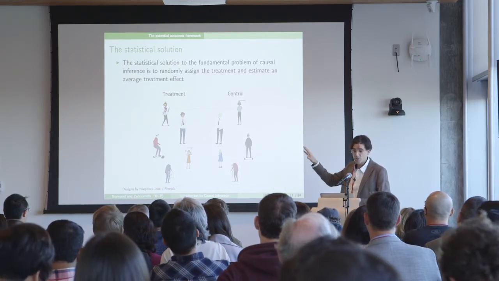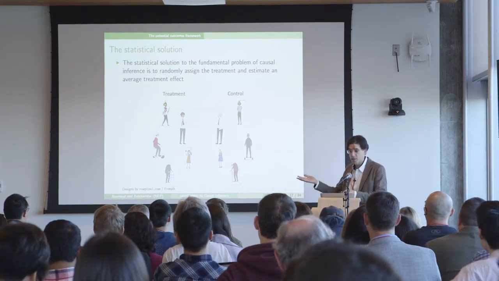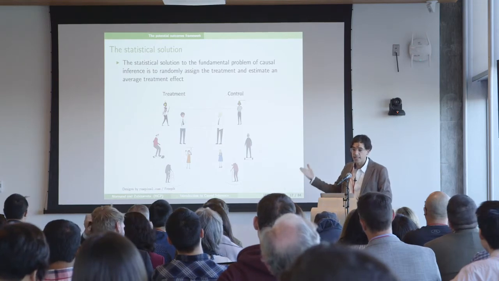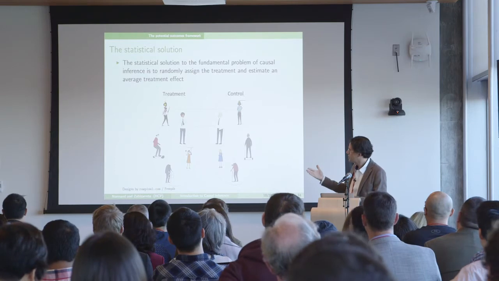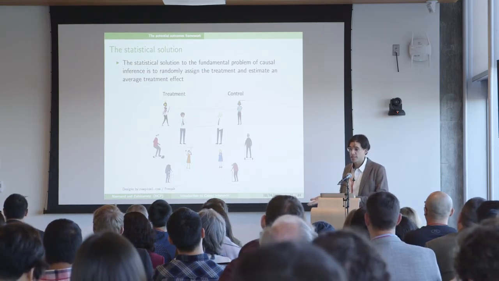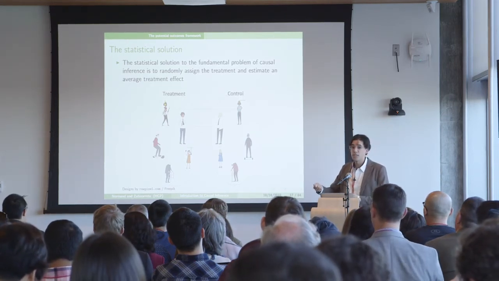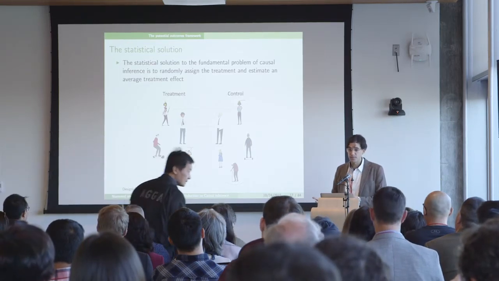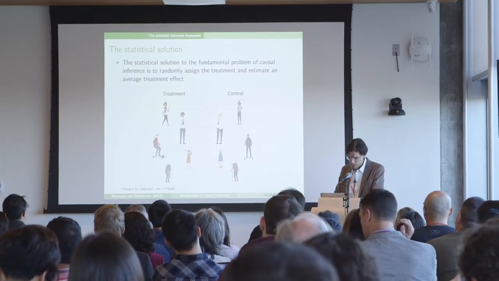I'm choosing this structure to prepare the ground for talking about matching afterwards, but it's also a good idea to randomize within blocks to ensure better balance at the end of the day. So randomization makes these two groups similar in expectation in terms of things that we can see and things that we cannot see. Hence, differences in the outcomes at the end of the day we can attribute to differences in the treatment as opposed to differences in confounding variables. So that's the statistical solution to this problem of causal inference, randomization.